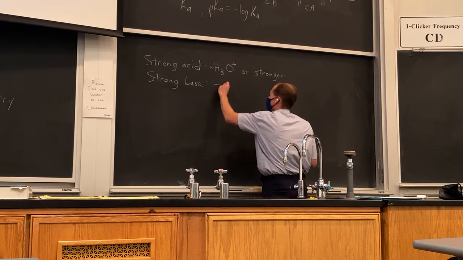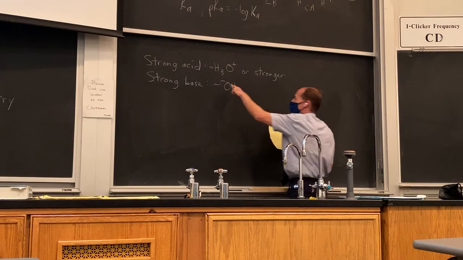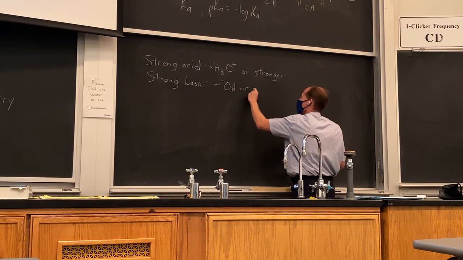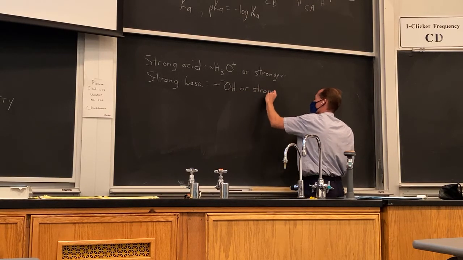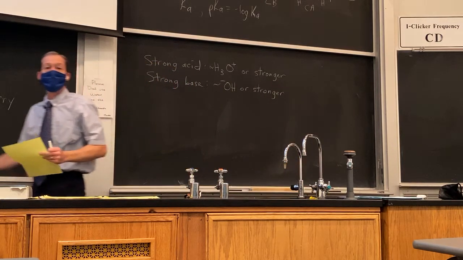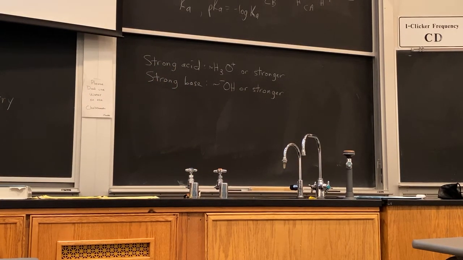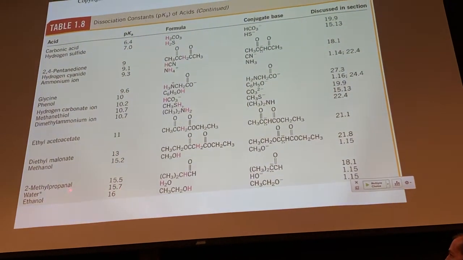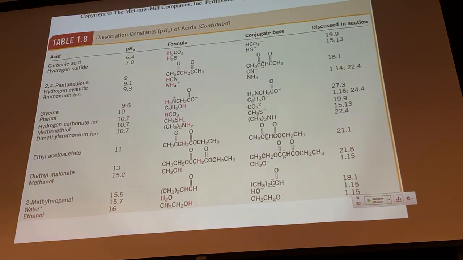And so we'll say that any base that has a basicity comparable to that of hydroxide or stronger than hydroxide is going to be a strong base. So we've got to go to page 2 of this particular pKa table. And we see water down here, 15.7. Conjugate base of water, hydroxide.